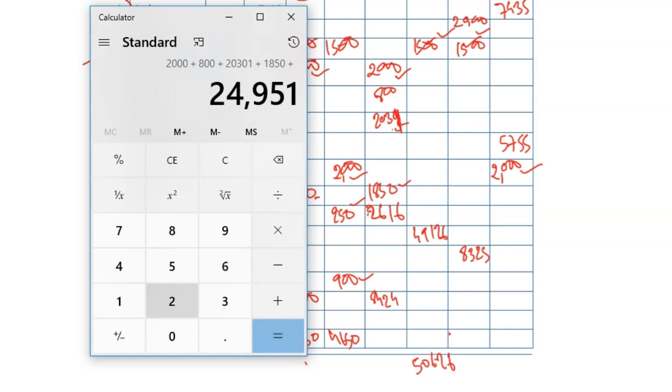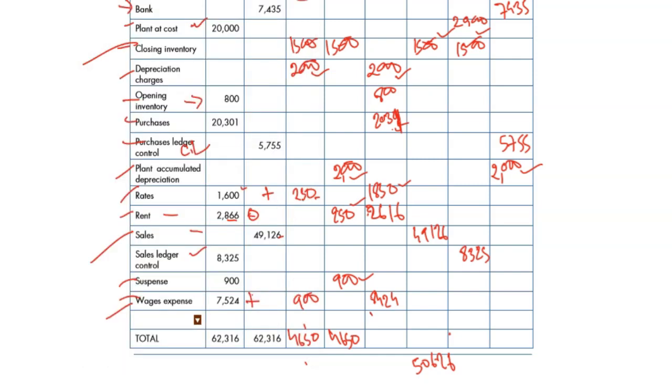All the expenses. Then 2616 plus 8424. So the expenses are lower. It's 35,991. So I will take it away from 50,626, which gives 14,635, and that's a profit.